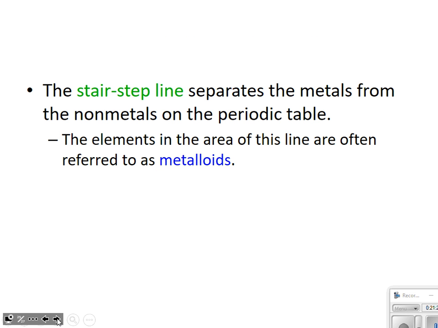Well, there is a stair-step line that separates the metals from the nonmetals on the periodic table. Elements in the area of this line are often referred to as the metalloids.